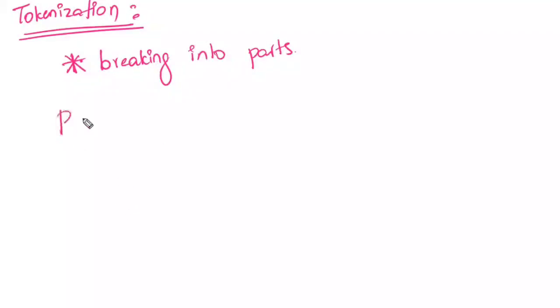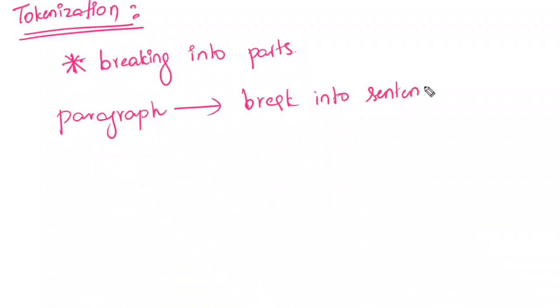If it is a paragraph, break it into sentences, multiple sentences. For example, on Twitter, some person has written multiple sentences. He will not write only one sentence, right? He will write some paragraph. So the entire multiple sentences, we have to divide into each individual sentence.